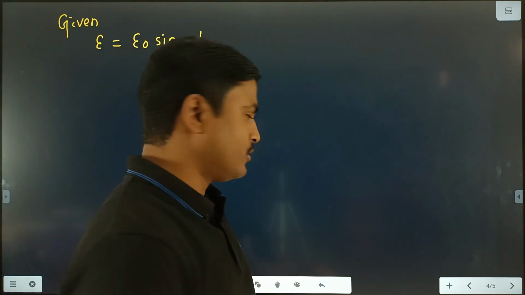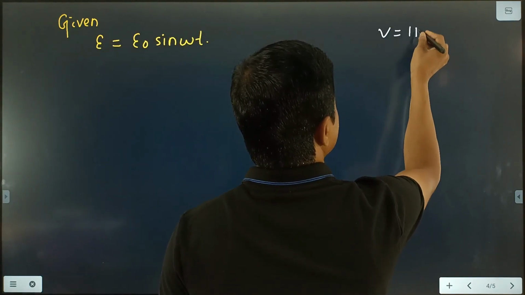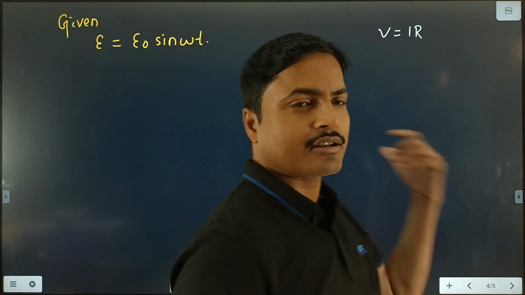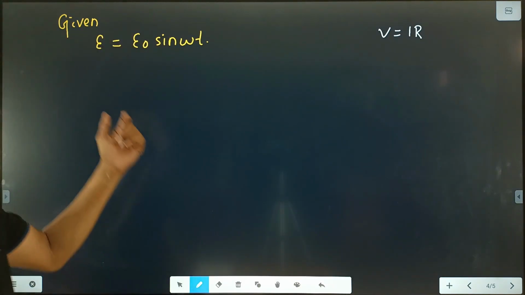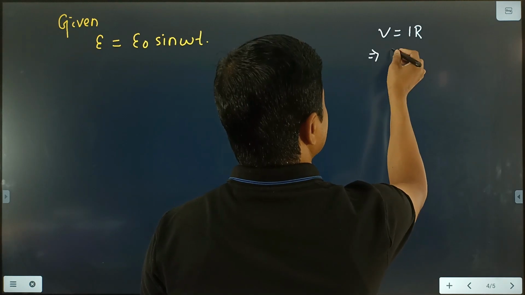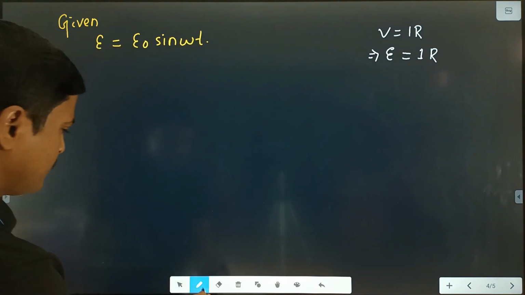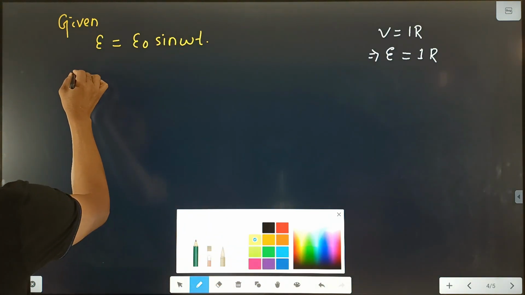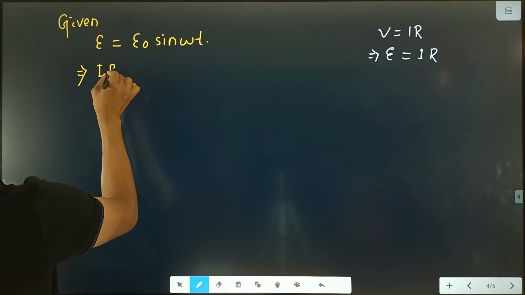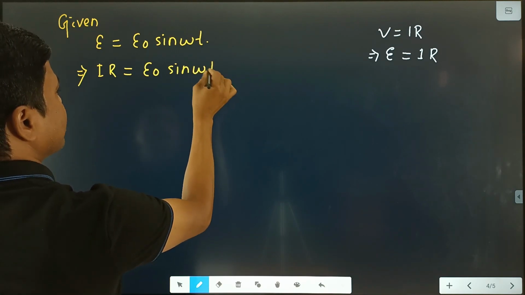And we know Ohm's law, that is V is equal to I multiplied by R. Here V means potential difference, and here in place of this potential difference alternating EMF is there, E, so in place of V we write E is equal to I multiplied by R. That means this expression becomes, in place of E we write I R is equal to E0 sin omega t.